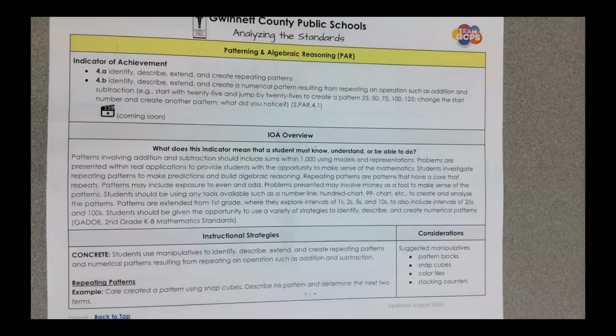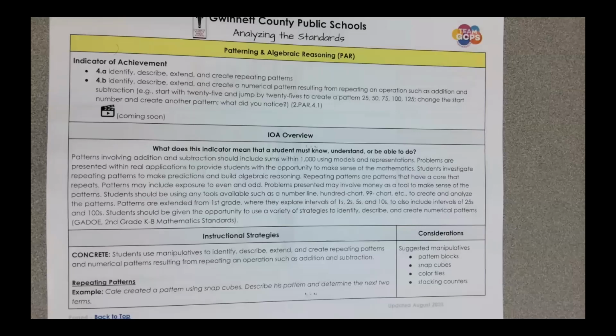The second standard I would like to discuss is AKS 4 IOA 4B. As stated earlier, through this new standard, students will identify, describe, extend, and create numerical patterns resulting from repeating an operation, such as addition and subtraction.